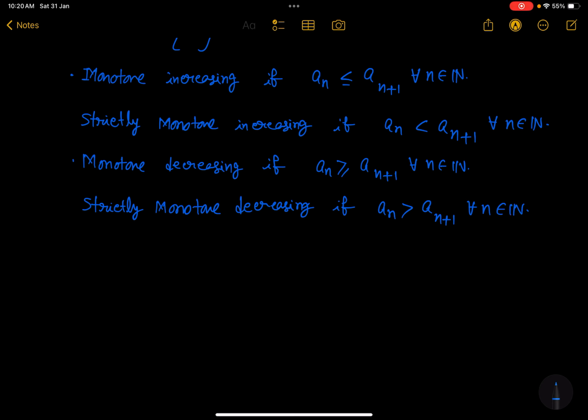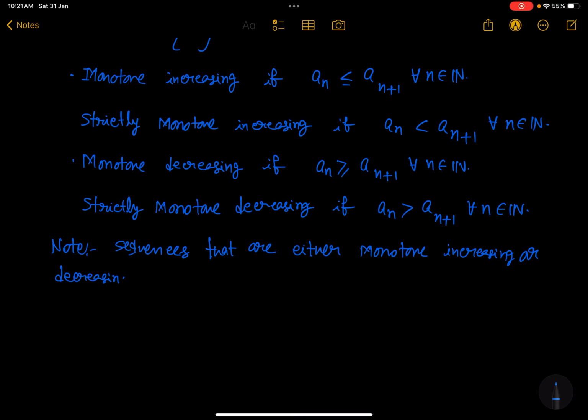Note that sequences that are either monotone increasing or decreasing are called monotone sequences.